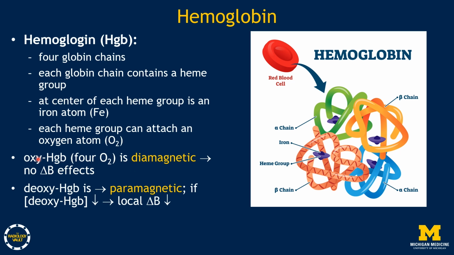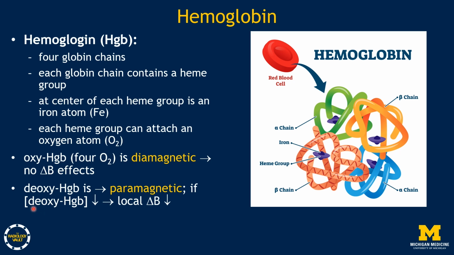Oxyhemoglobin is diamagnetic, which means that it does not have a delta B effect, which means that it does not have a magnetic signature. While deoxyhemoglobin, when it has already imparted its oxygen to help the metabolism of the local part of the brain, is paramagnetic.